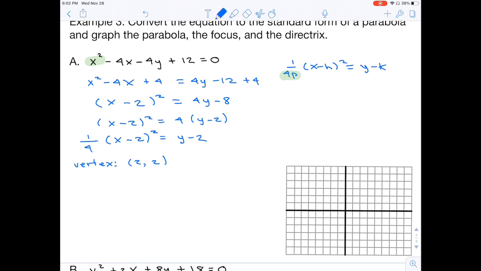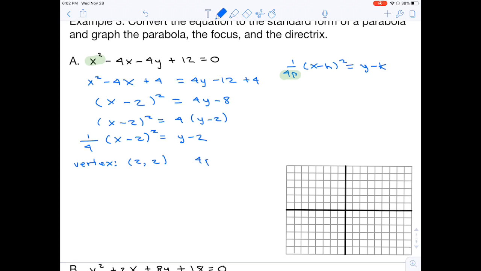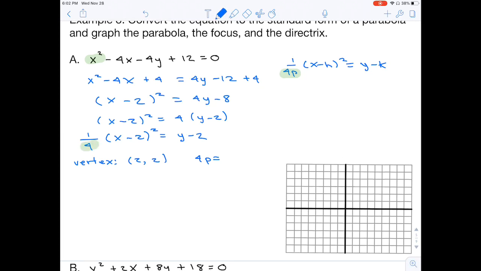So I'm going to set 4p equal to the denominator of this fraction, so I'm setting it equal to 4, which means p has to equal 1.